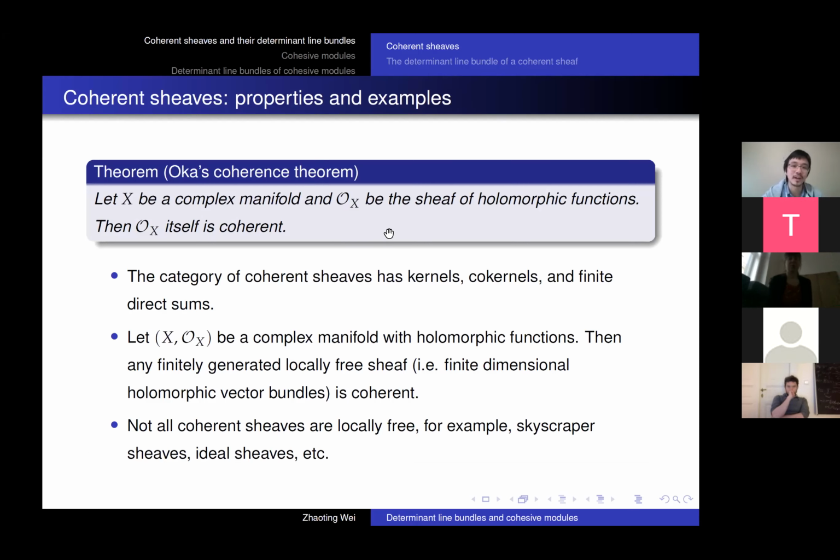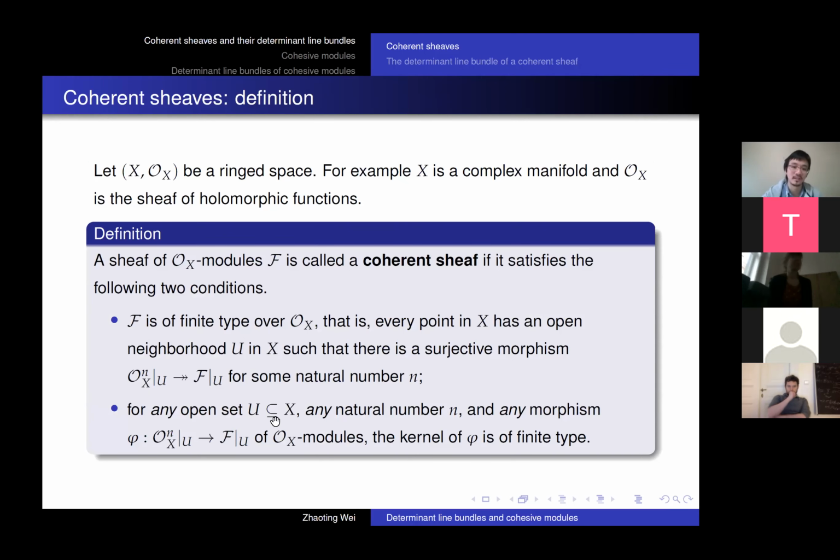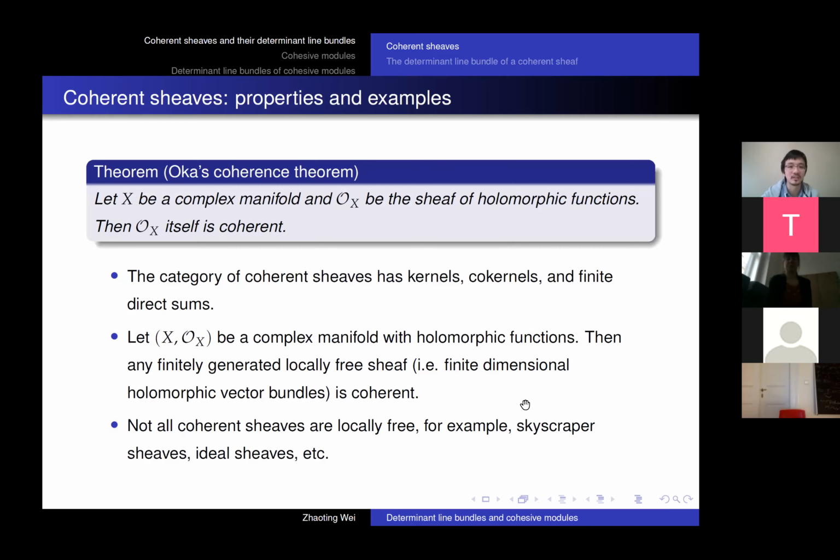Somebody asked why we need this, because for the second condition it's not obvious that for any phi, the kernel of phi is still of finite type. It's not a very easy theorem, but it is true.